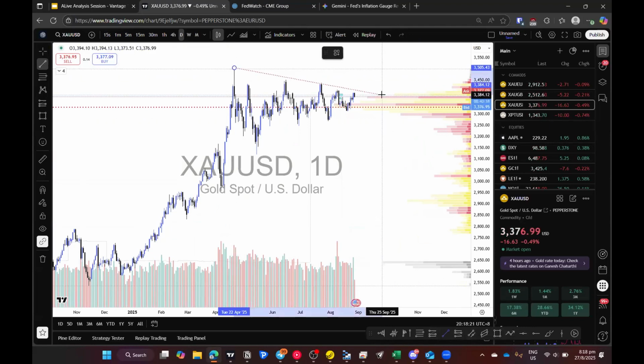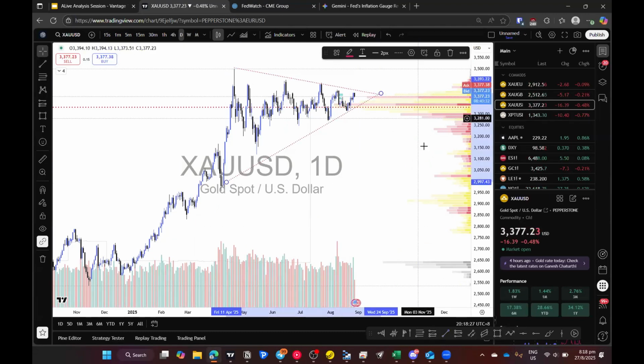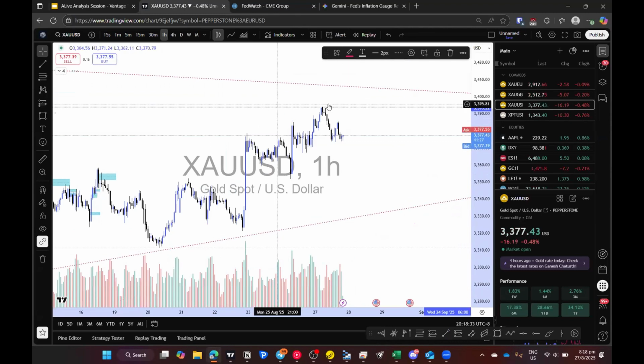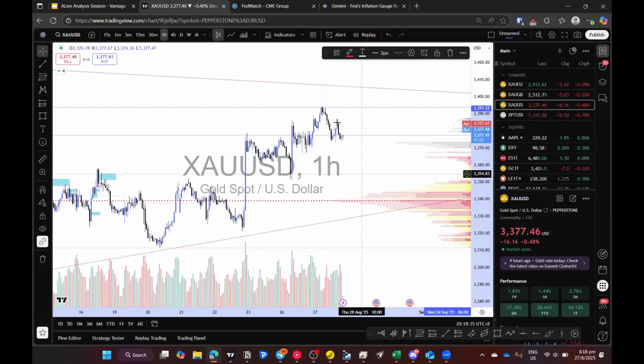Something like this. This is the consolidation range. So you'll probably see a further upside. If we're going down, the best entry is around a sell around this level.